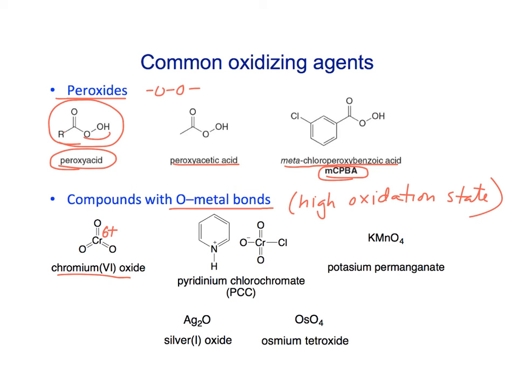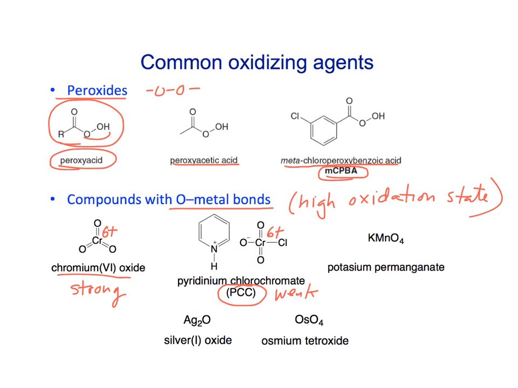And so it's very high, so it can be reduced while an organic substrate is oxidized. This is a very strong oxidizing agent. A related compound, just to the right, which looks a little more complicated, is called pyridinium chlorochromate, or just PCC. This also has a 6+ oxidation state on chromium, but this combination generates a rather weak oxidizing agent.